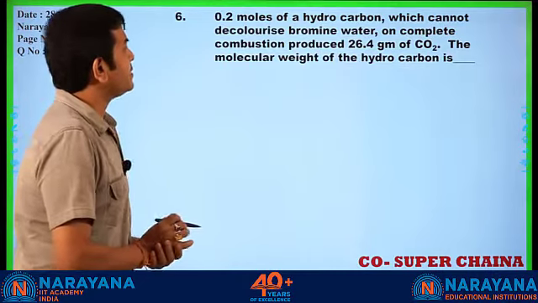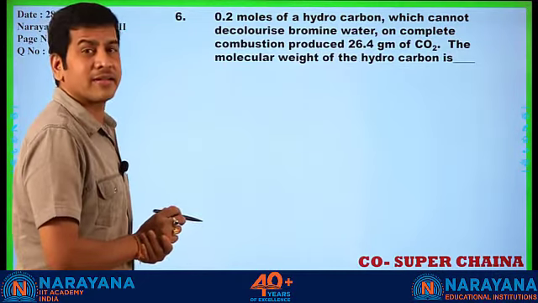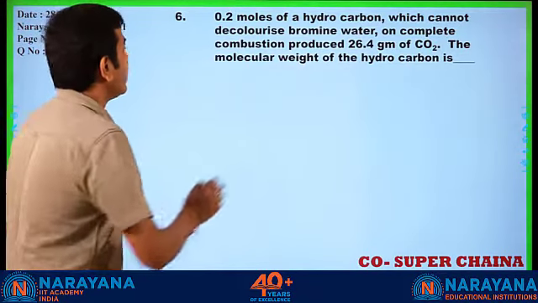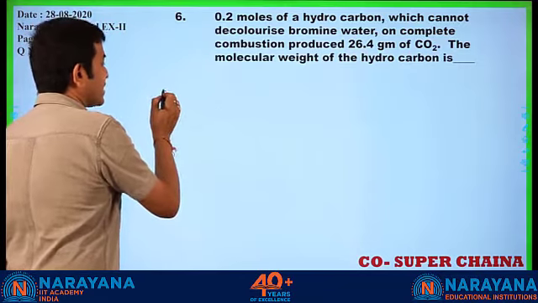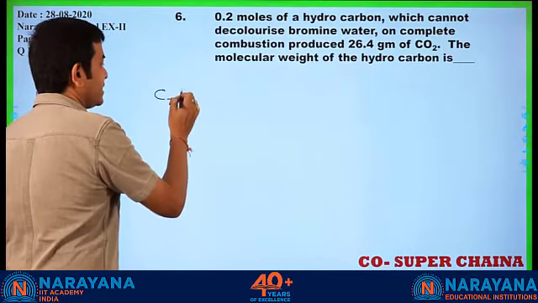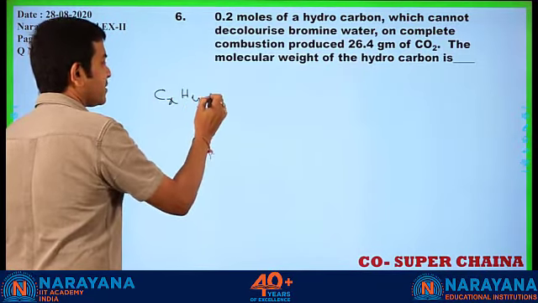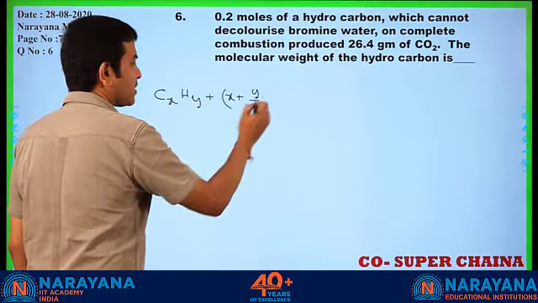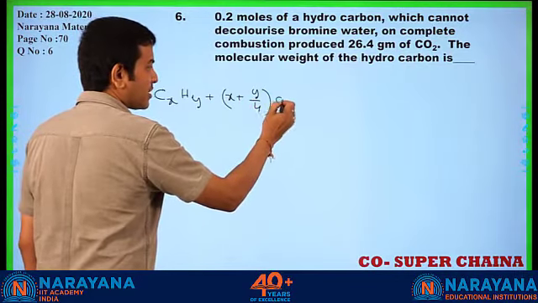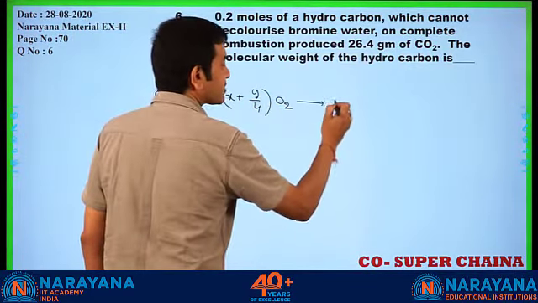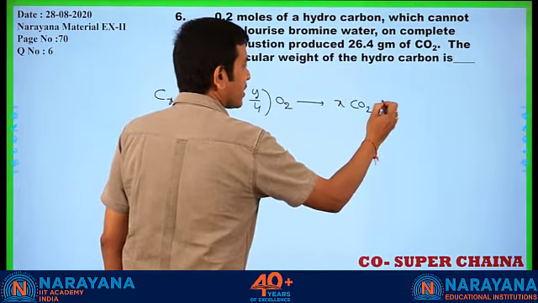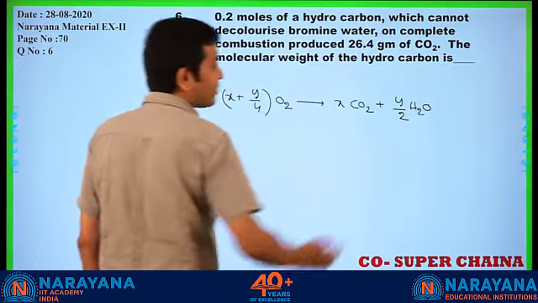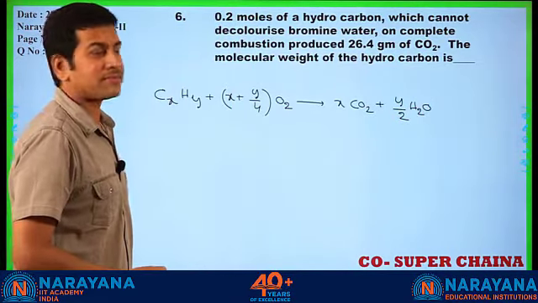Okay, you know the hydrocarbon general combustion reaction: CxHy plus (x plus y by 4) moles of O2 gives x moles of CO2 plus y by 2 moles of H2O. This is the general combustion reaction of hydrocarbons.